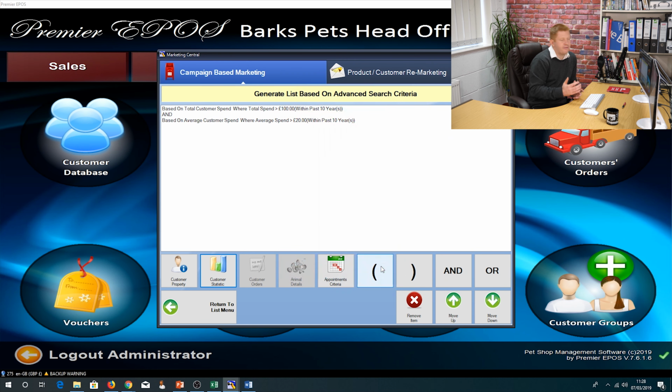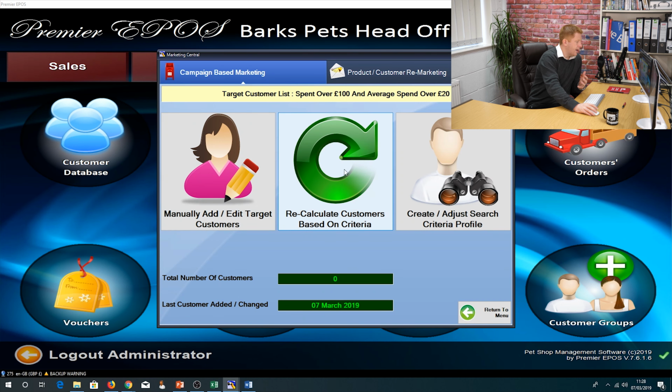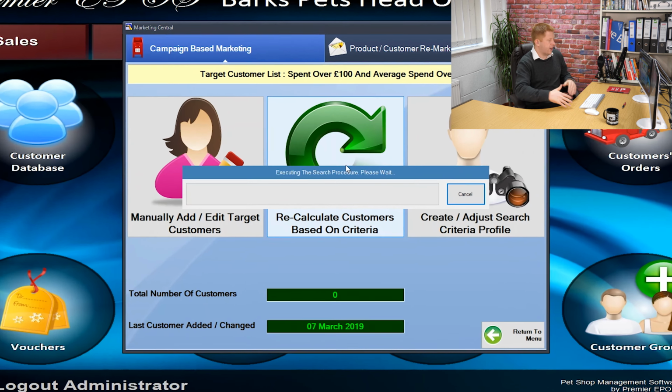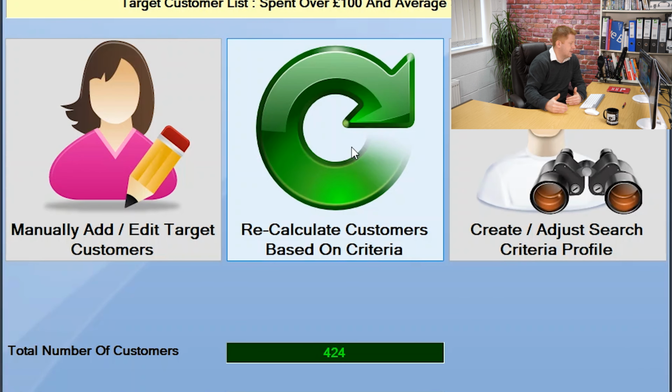If you think average spend is one of the main criteria for who your best customers are, by doing this we go from 1,539 customers to this time 424 customers. So we've only got 424 customers who spent over £100 with an average spend of over £20.